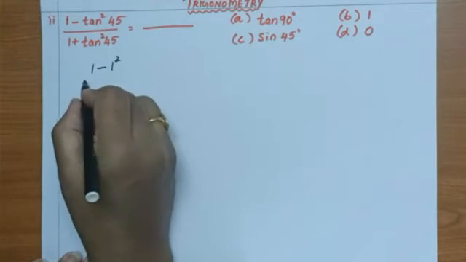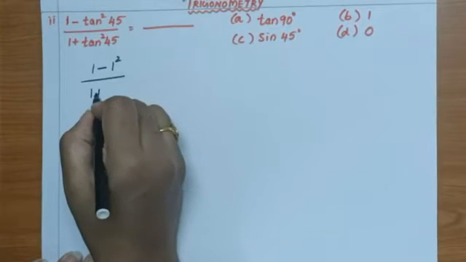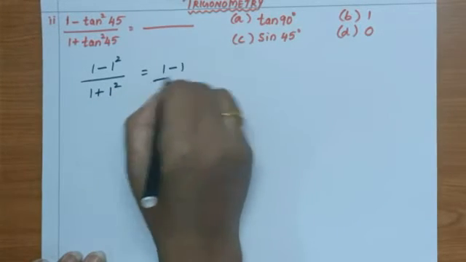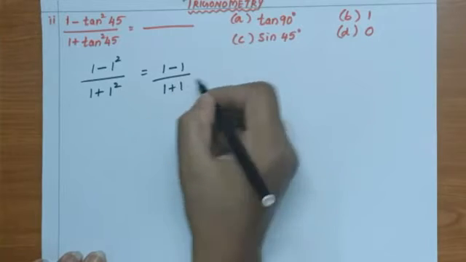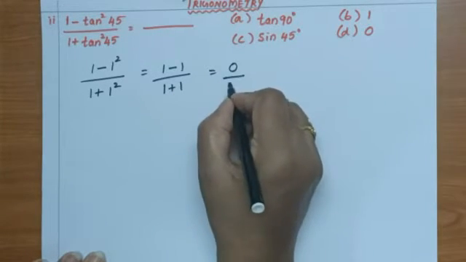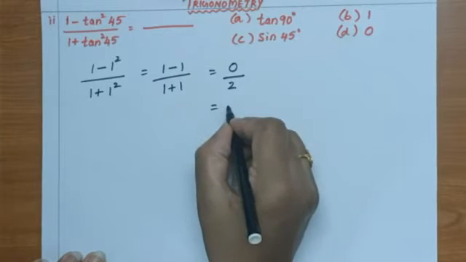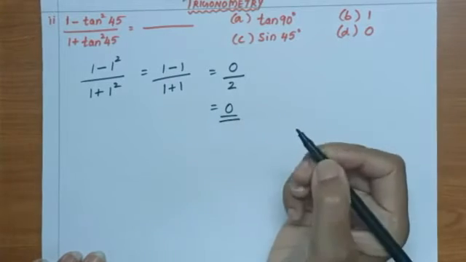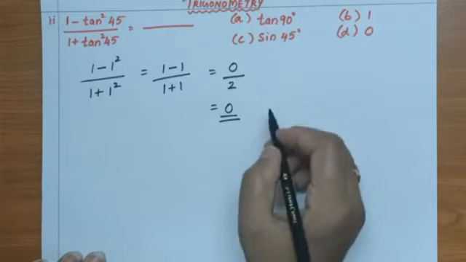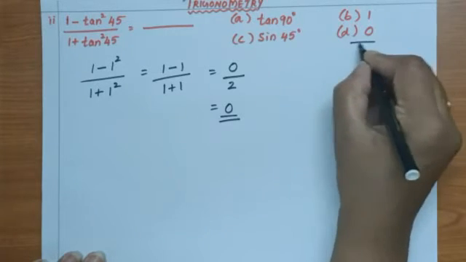The answer is 1 minus 1 by 1 plus 1. That means 1 minus 1 is 0 by 1 plus 1 is 2. 0 by 2 is 0. So option D, equal to 0, is the correct answer.